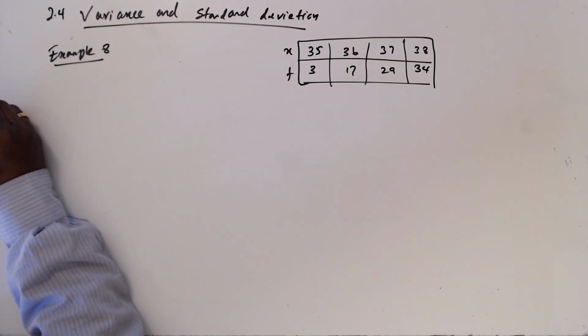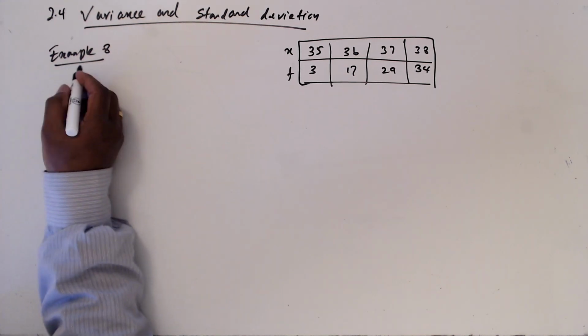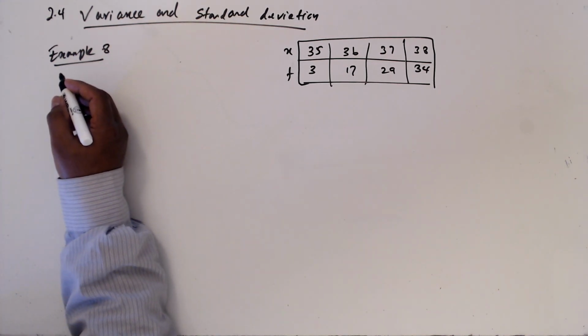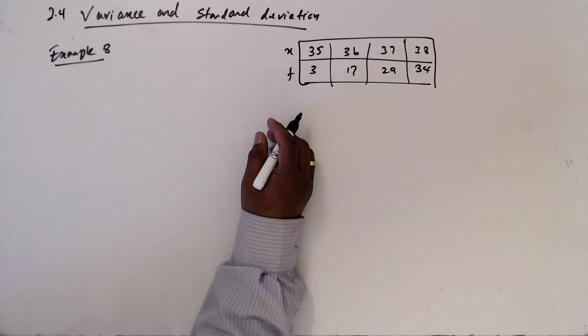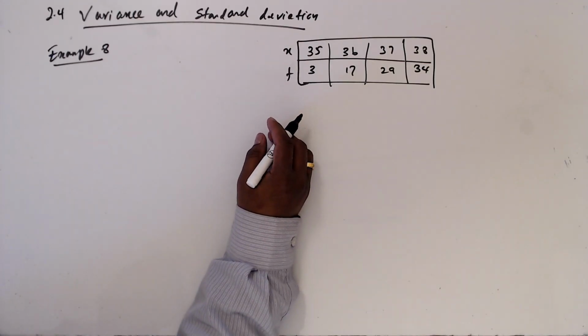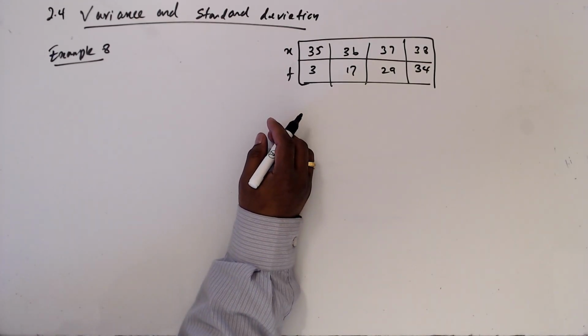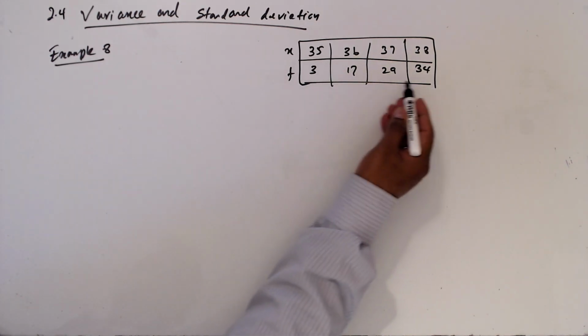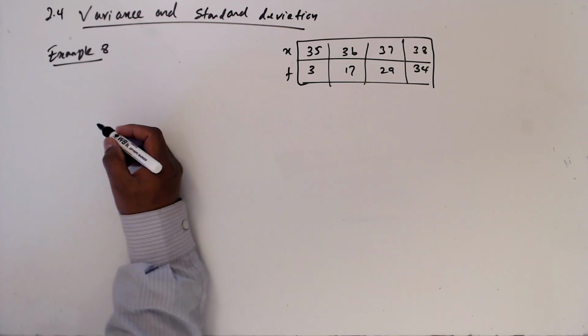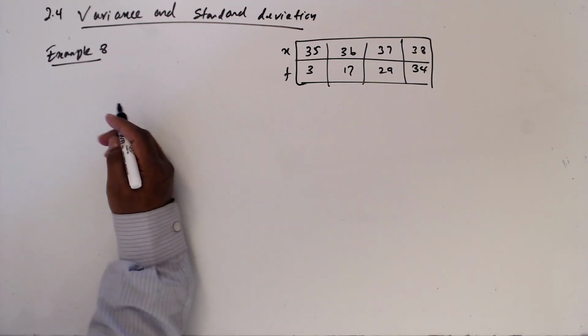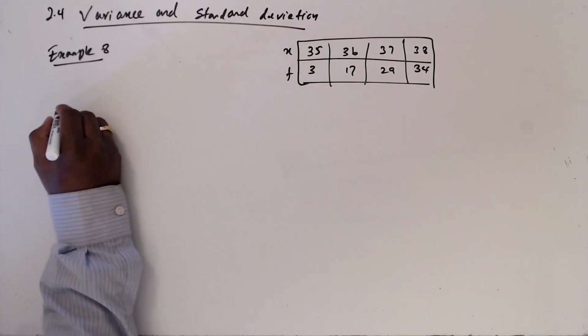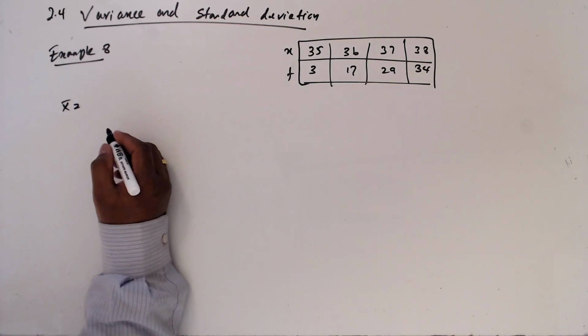Example 8 in the book: Shama records the time spent out of school during the lunch hour to the nearest minute, x. Female students in year, this is right. Okay, so this is the table. How many days did she do this research? You can get it when you get the summation f, the number of days. Now I work differently. First of all, I will find x bar first.